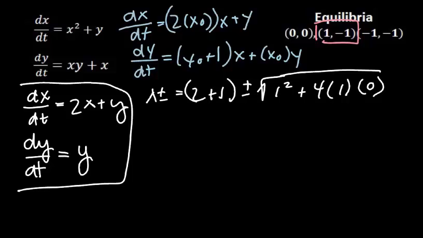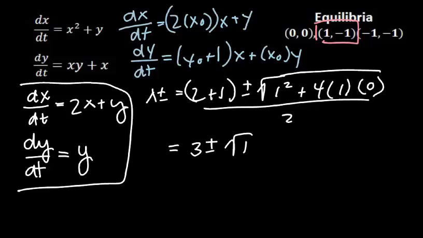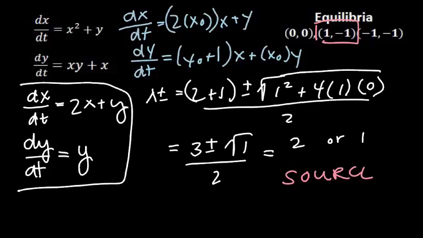So then you have all that over 2. So this equals 3 plus or minus the square root of 1 over 2. So it's 3 plus or minus 1 over 2 essentially. So then you either have an answer of 2 or 1. Since both of our values for lambda plus or minus are greater than 0, we can say that this is a source equilibria and that it is repelling and unstable.